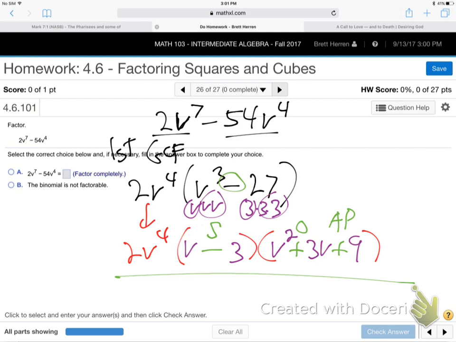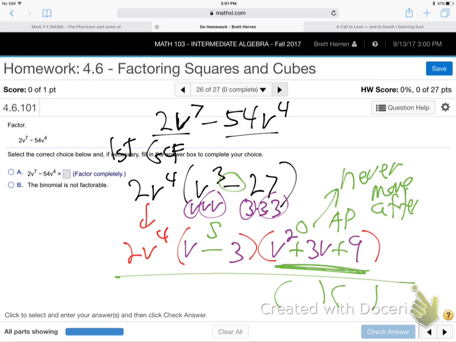Is that good? Question: would we ever go further with the v squared? Really good question, because it looks like it maybe factors into 2 parentheses. It's higher power. I told you to look at higher power. The answer, happily, is never further. Never more after the triple, triple. That's the nice thing with the triple, triple.